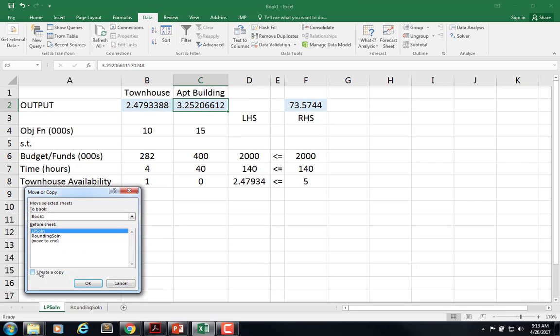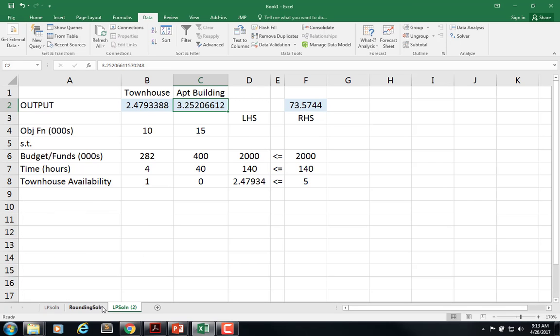I'm going to copy it, and I'm going to call this rounding solution 2. So last time I went down. Another thing we could do is say, well, this one's kind of close to 3. So let me put a 3 in there. I see I violated the constraints doing that, right? So that means I need to round this one down.